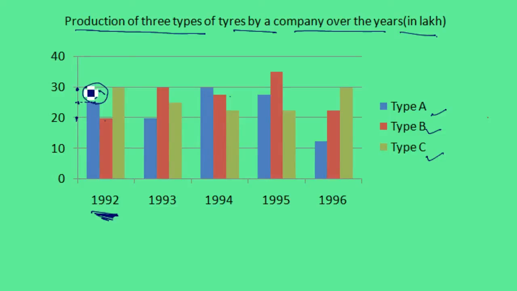Here in 1993 this is 20, quite obvious. In 94 this is 30, and this is in 1995. You can see this is the middle part, and this part is the middle of these two.